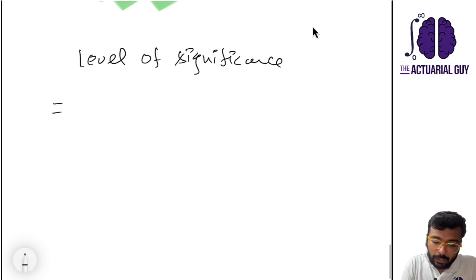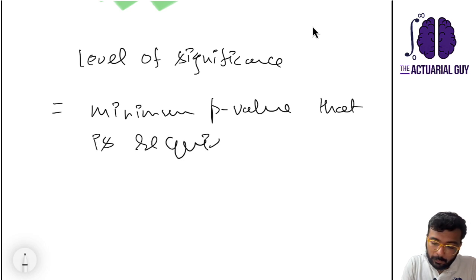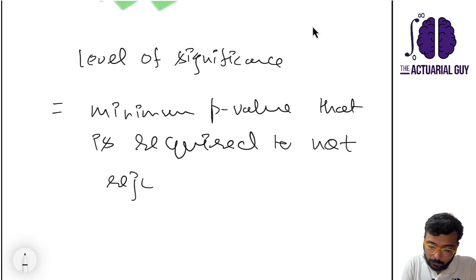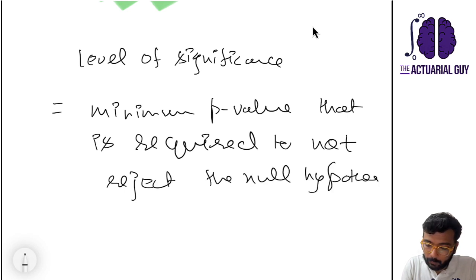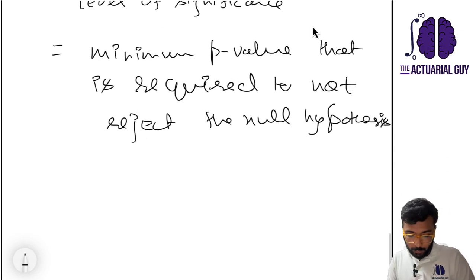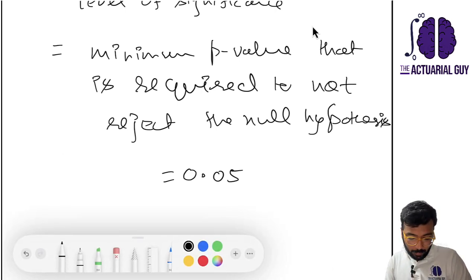The level of significance is basically the minimum p-value that is required to not reject the null hypothesis. Let's say this question said that the level of significance is 5%.